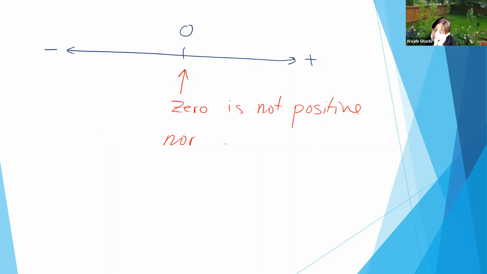We can write 0 is neutral. Not positive, not negative. It's in the middle of the number line.